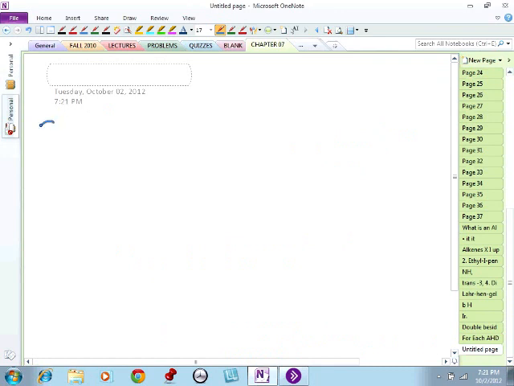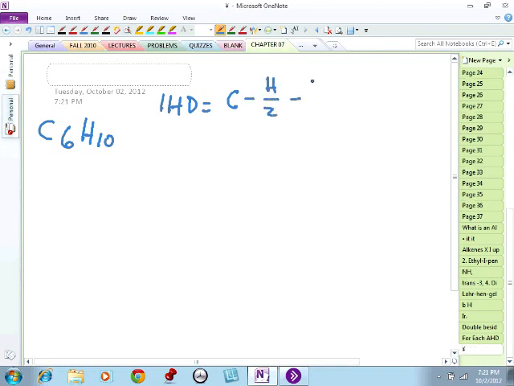Supposing I have C6H10, what would be the index of hydrogen deficiency? Let us use the formula. IHD equals number of carbon minus hydrogen divided by 2 minus halogen divided by 2 plus nitrogen divided by 2 plus 1.